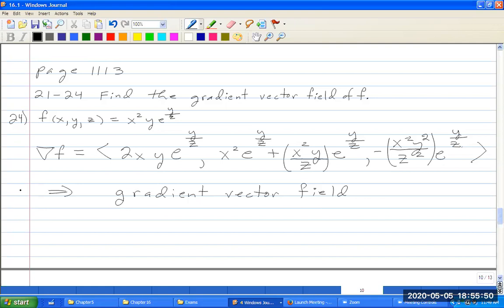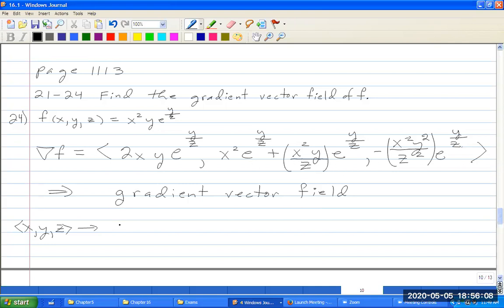You just take x, y, z, and you map it to, actually, let's make it easier.